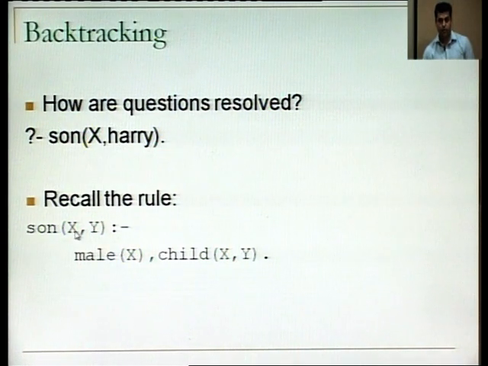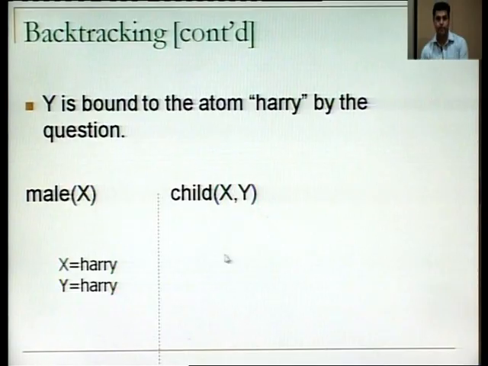The value of X is here, the value of Y is Harry over here. Y is bound to the atom Harry by the question. So, it means male X, child of X and Y, where Y is Harry. The value of X can be anything right from the starting of the rule.